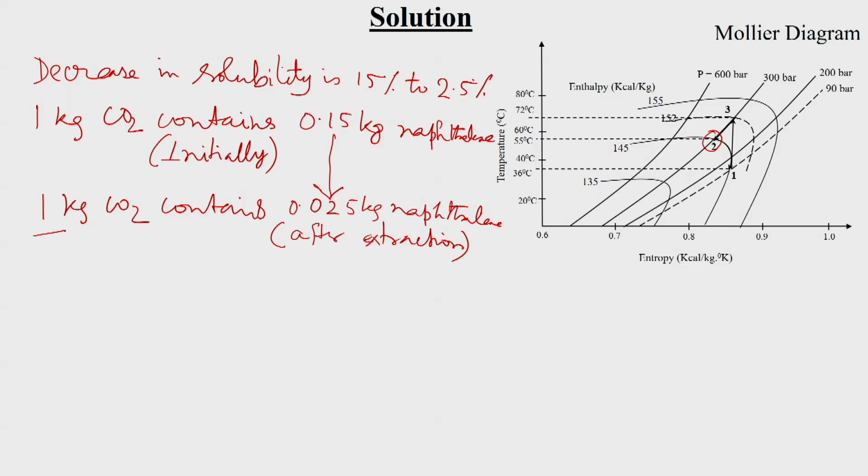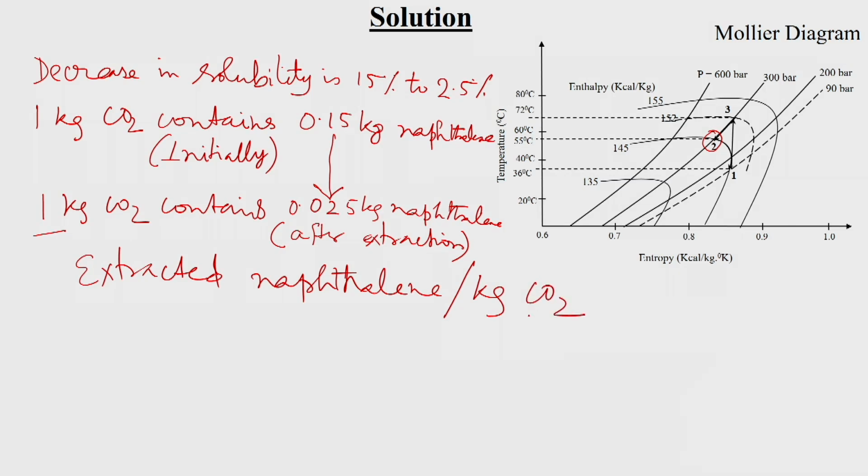So the extracted naphthalene per kg carbon dioxide is equal to 0.15 minus 0.025 kg, that is 0.125 kg.